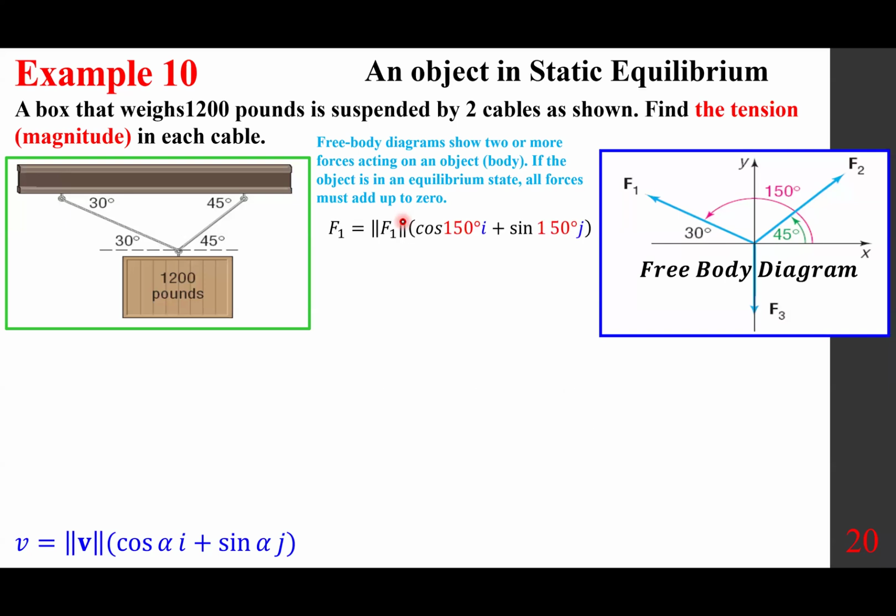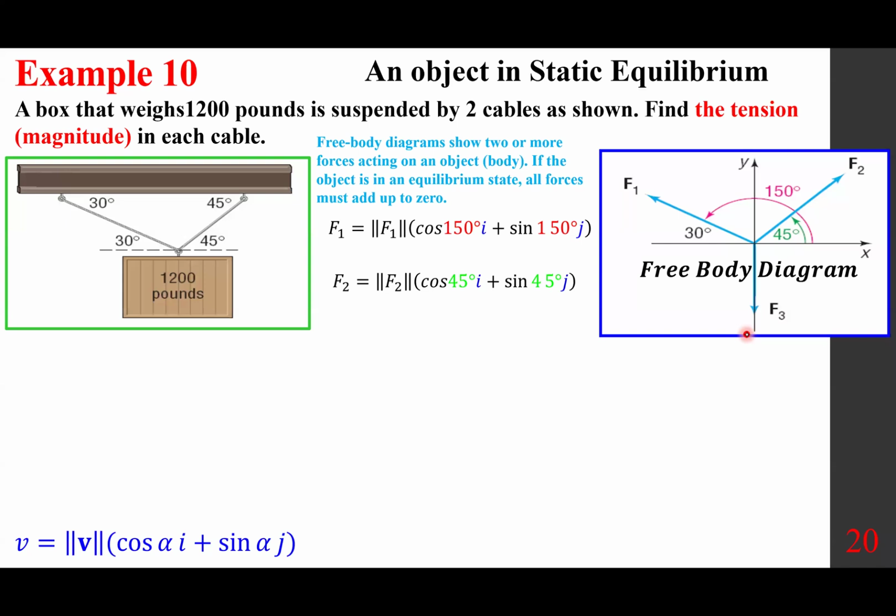Now, F1 is the magnitude of F1 times, using this formula, cosine of 150i plus sine of 150j. F2 is the same thing, the magnitude of F2, but the angle is 45 degrees. So F2 is the magnitude of F2 times cosine of 45i plus sine of 45j.